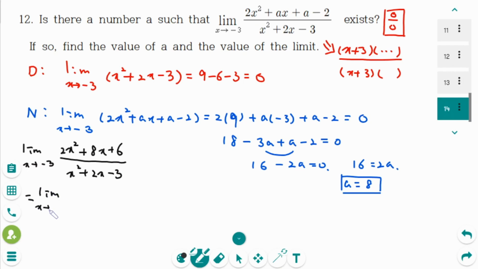We can factor. Take out 2 first. This one can be x plus 3, x minus 1.